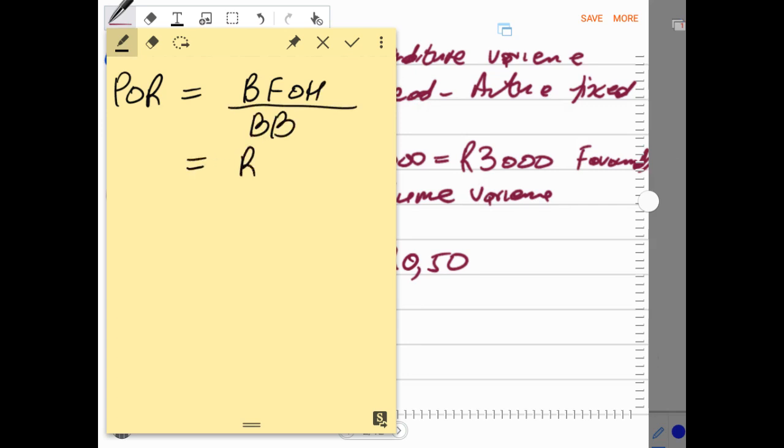Our budgeted fixed overhead is 40,000, divided by the budgeted base, which is 80,000 budgeted labor hours. Hence we get to the 50 cents.